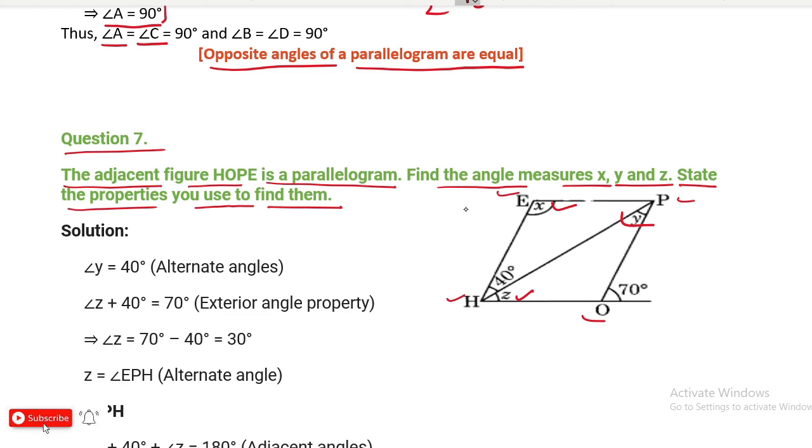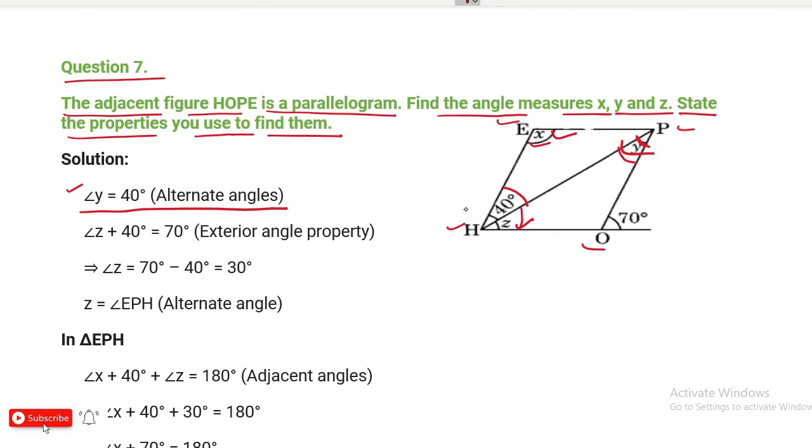Now here, at first we find the value of Y, then we can find the value of Z, then we can find the value of X. At first Y is equal to 40. Why is Y equal to 40? Because it is the alternate angle of this one. Then Y will be equal to 40.